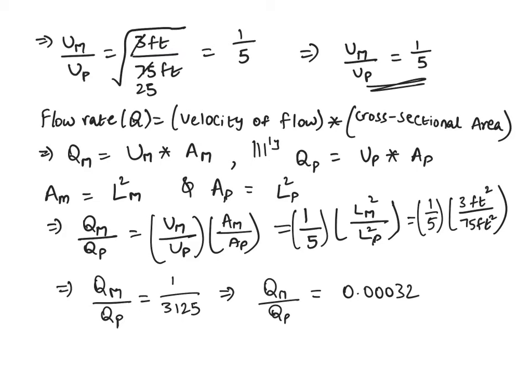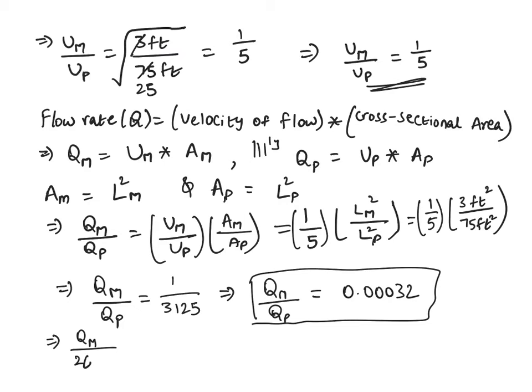Since we have developed a relation for the ratio of flow rate of model to flow rate of prototype, we can derive here: Qm divided by Qp, where Qp is given in the problem as 260 feet cube per second, is equal to 0.0032, which implies the flow rate of the model would be equal to 0.0032 multiplied by 260 feet cube per second.